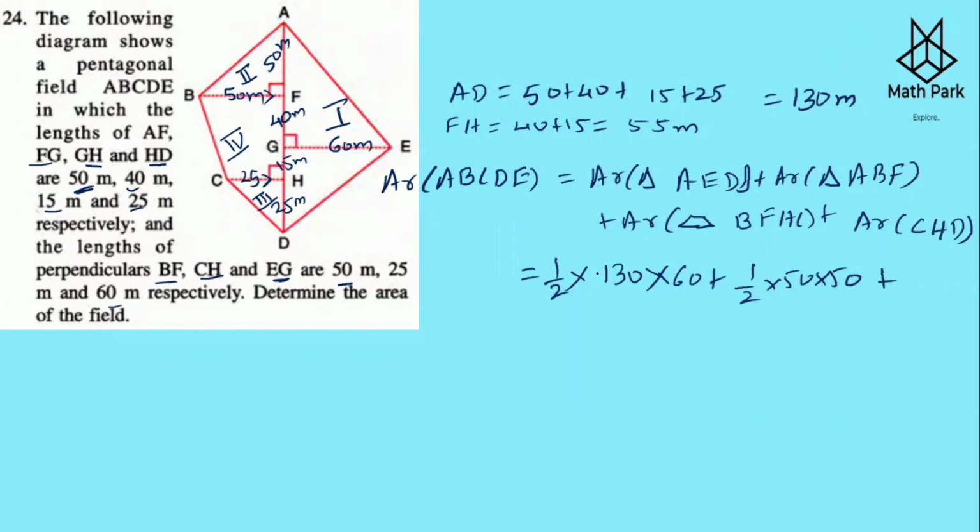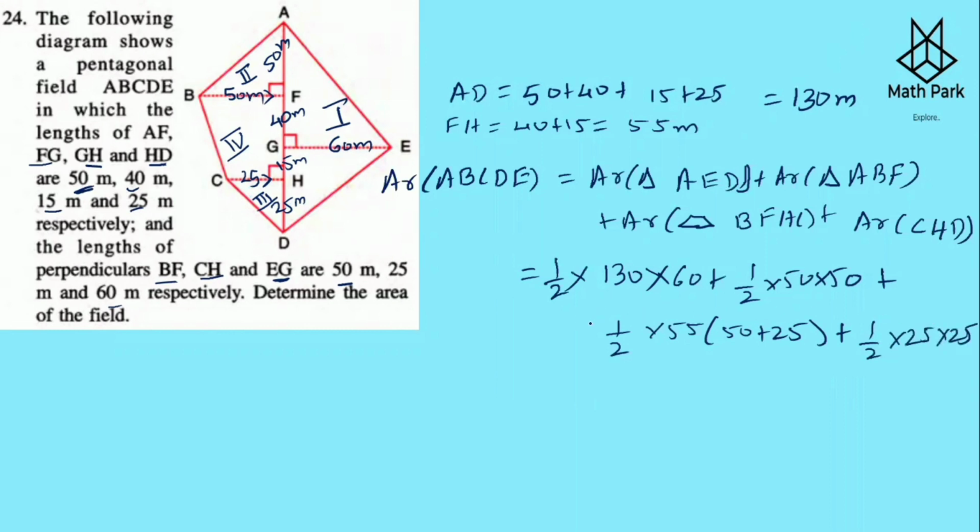Plus area of this trapezium is half h. The height is 55, and the sum of parallel sides, these are the parallel sides, 50 plus 25. And the area of the last triangle again is half 25 into 25.